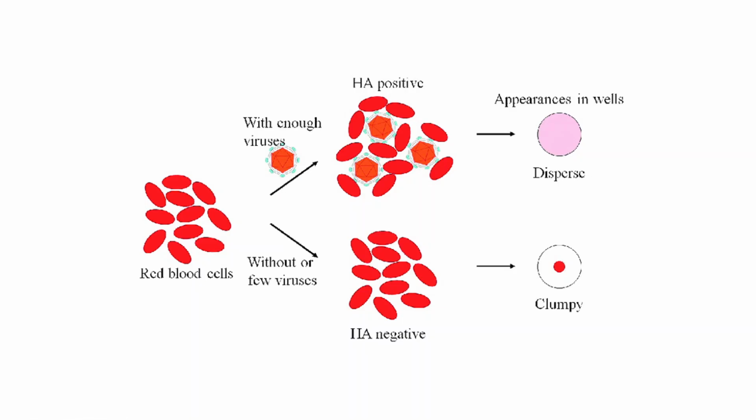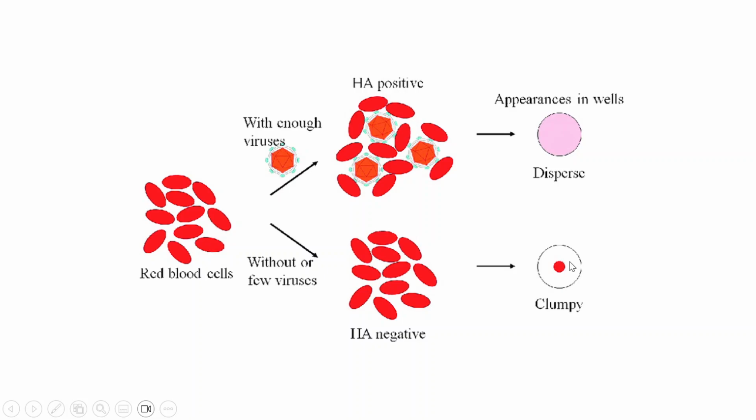Once you take a blood sample from an infected patient and a blood sample from a healthy patient, if you take the blood in a petri dish or a well plate, you can see a red dot forming from the top.